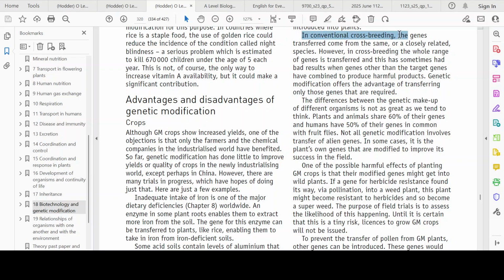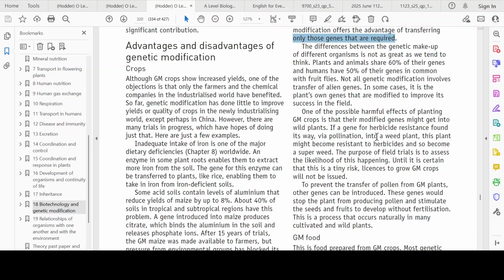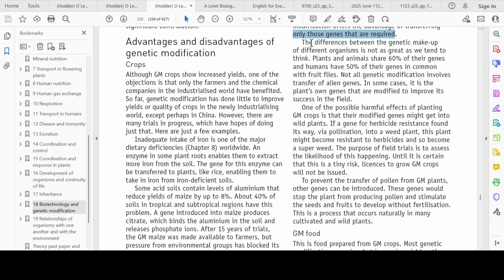So in conventional crossbreeding, the genes transferred come from the same or closely related species. However, in crossbreeding, the whole range of genes is transferred, and this has sometimes had bad results when genes other than the target genes have combined to produce harmful products. Genetic modification offers the advantage of transferring only the genes that we want, that are required. The differences between the genetic makeup of different organisms is not so great.